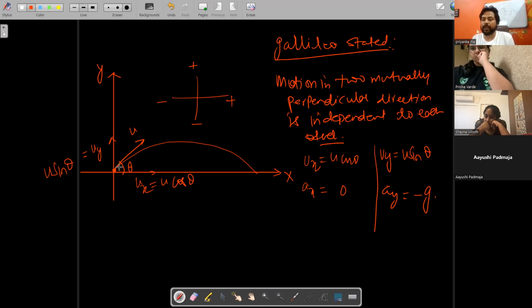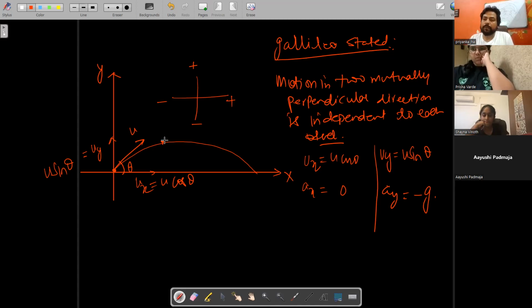Suppose you have thrown this ball from here and this ball will come over here after some time. So it will have some other velocity, right? When you throw the ball with some initial velocity, it will go up to the maximum level and then come down. During the motion, its velocity keeps on decreasing, right?